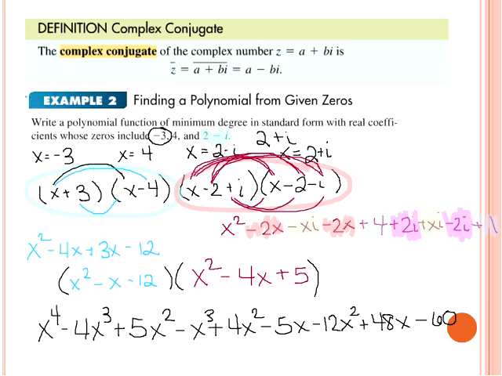Yikes. All right, combining terms one last time. I'm going to start with the x to the 4th because there's no other degree 4s there. Now I'm going to look for the x cubes because there should be at least one other one. Negative 4 minus 1 is a negative 5.